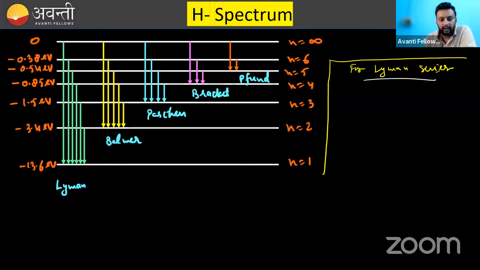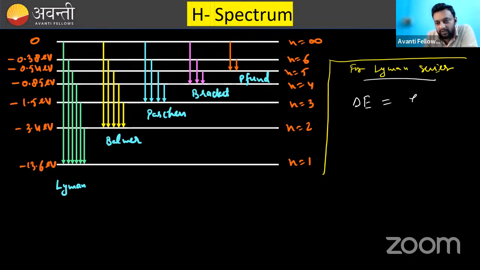Simple question. Now, in a series there are various transitions like this. Energy of photon in any of the transitions is calculated as the difference of the two levels.